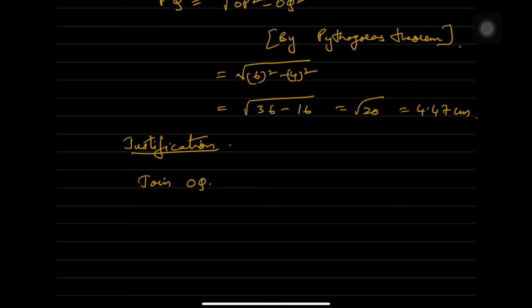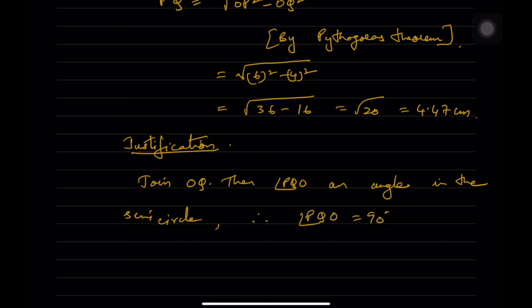Join OQ, then angle PQO is the angle in the semicircle, and the angle in a semicircle is 90 degrees. Therefore angle PQO is equal to 90 degrees, which implies that PQ is perpendicular to OQ.